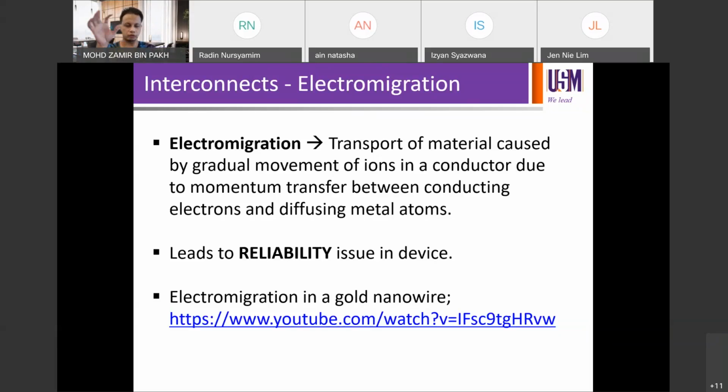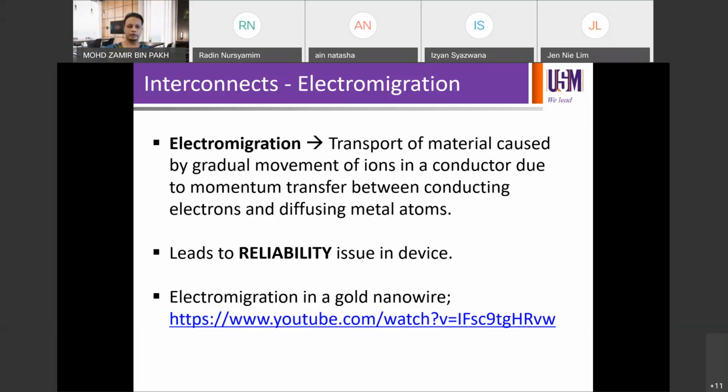Apart from these two groups, we also have other departments like customer engineering, QA, and some others. So reliability is a huge issue that we have to look at after fabricating the IC. We have to make sure that the device works well as desired. And electromigration is one of the reliability issues that we have in the device.